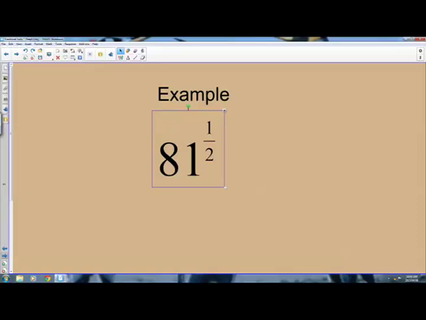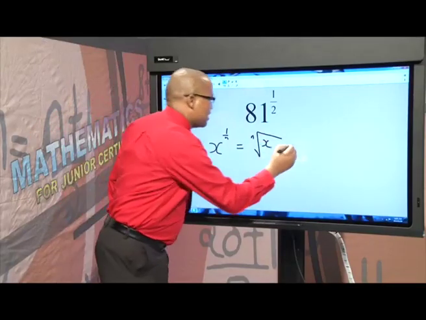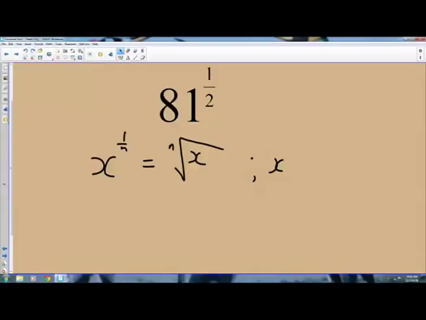Let us have a look at 81 to the power half. But before we can work on this, remember we said x to the power 1 over n is the same as the nth root of x. Now, by comparison, we can see from here that our x is equal to 81, and our n is equal to 2.